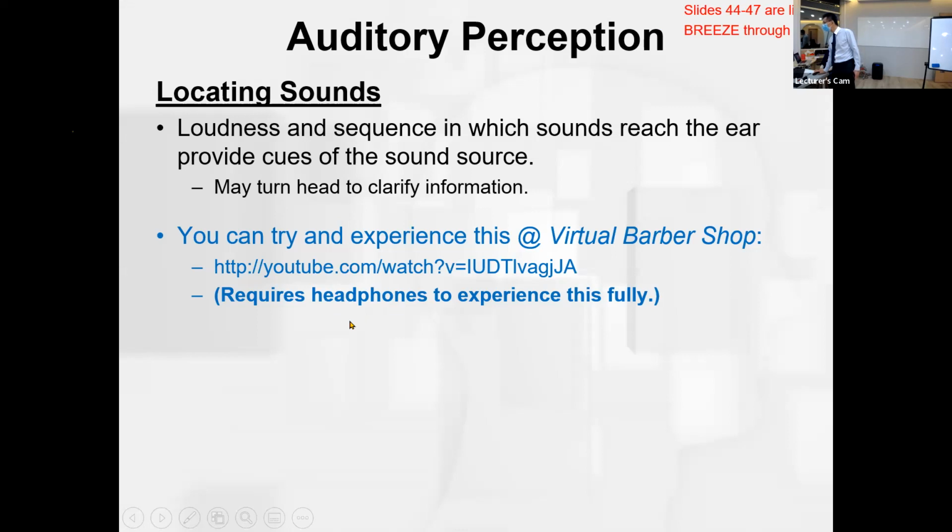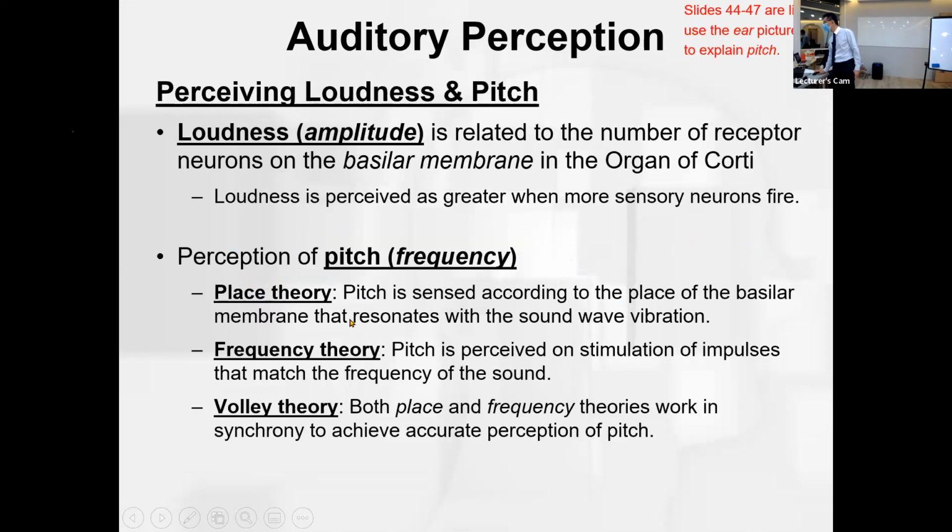Now, let's focus on how we can, like for vision, we know that color is important and there are several mechanisms for it, right? So for frequency, this is a very important thing for us because notice that even as I talk, the pitch varies.